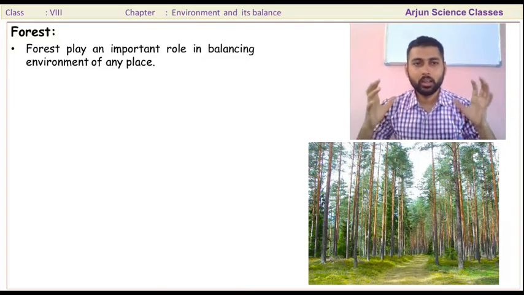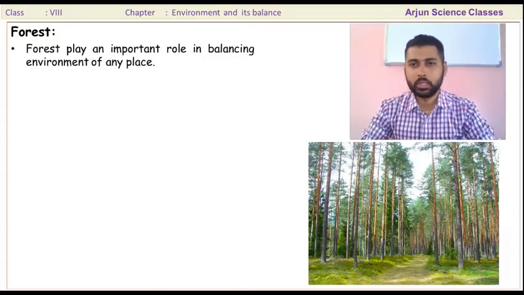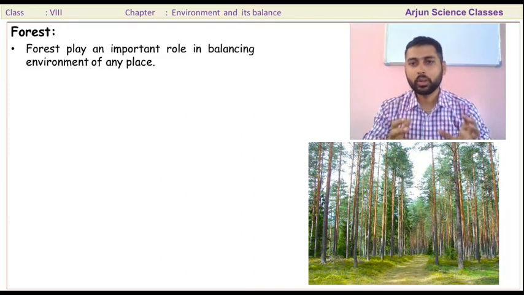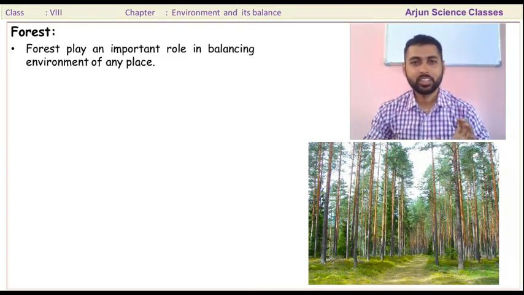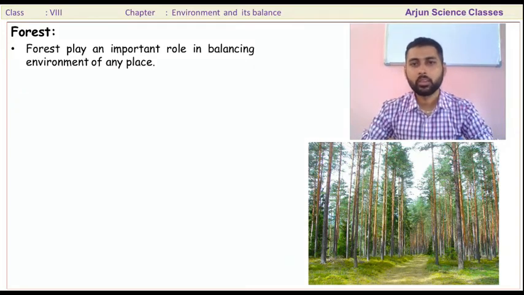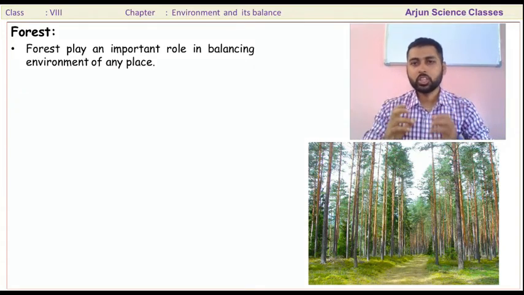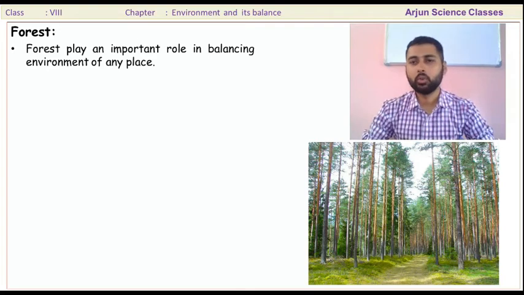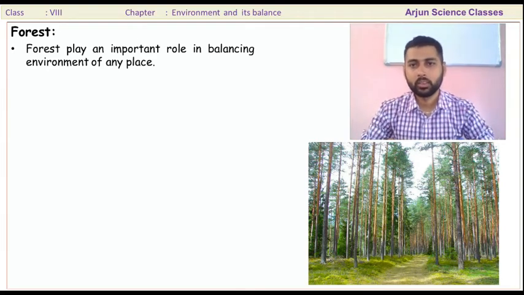We know that during the photosynthesis process, plants prepare their food in the presence of sunlight, air, and water, and at the same time, oxygen is released as a byproduct. This oxygen can be utilized by human beings as well as plants during breathing, important for respiration.